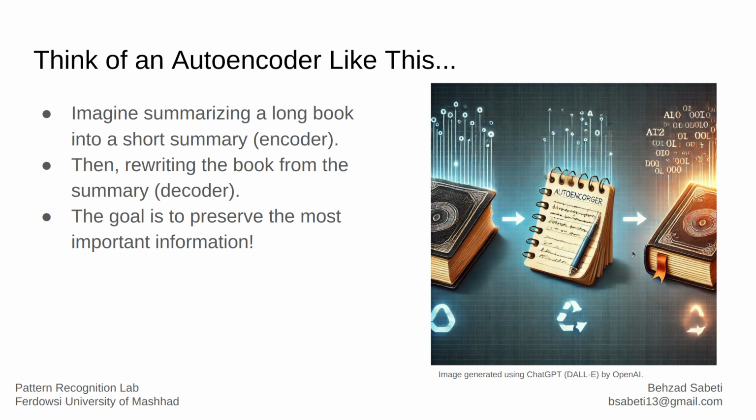And the closer your reconstructed version of that book is to the original one, the better summary, or latent space in our analogy, you have made. So that's another way to think of autoencoders.